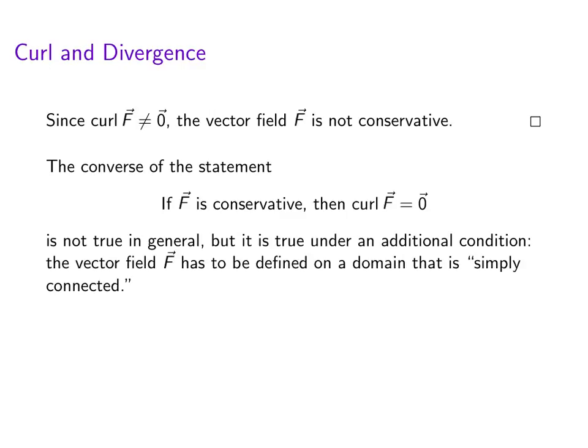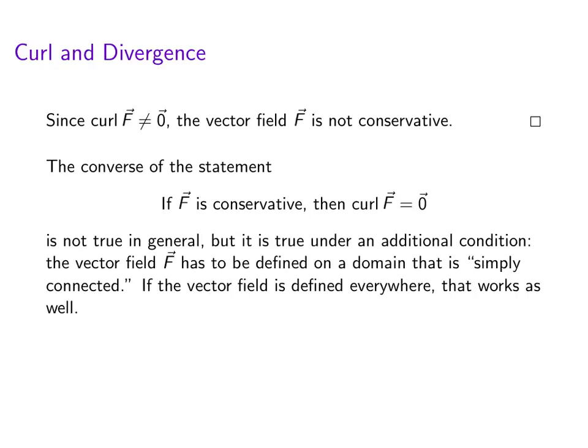The vector field f has to be defined on a domain that is what's called simply connected. So this is sort of a complicated concept to deal with. We're not going to mess around with this very much. In fact, if the vector field is defined everywhere, that works too.